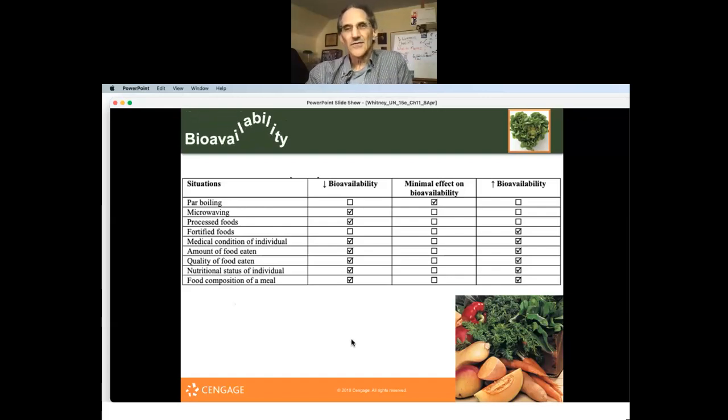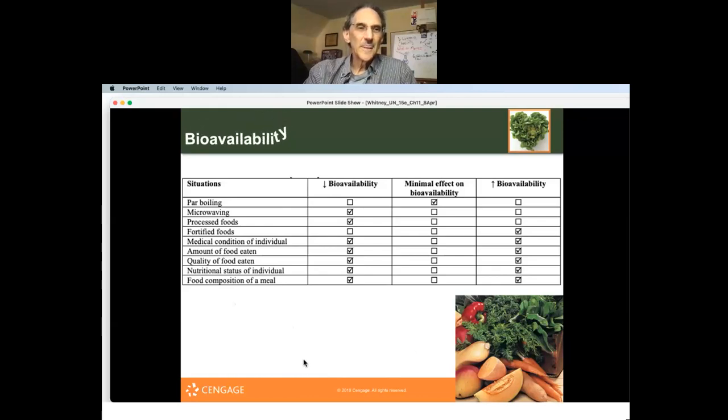Nutritional status of individuals is similar to the medical condition of an individual. If a person is in generally much better health, then systems are working better, absorption and digestion will be operating as normal, and bioavailability will be increased. On the other hand, if there's poor nutritional status or poor health, then bioavailability will be lower.